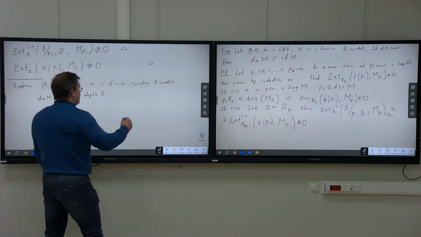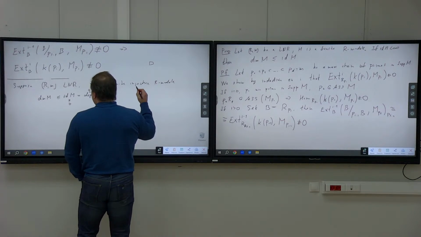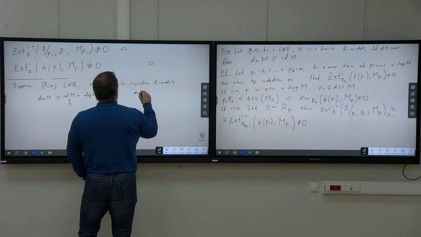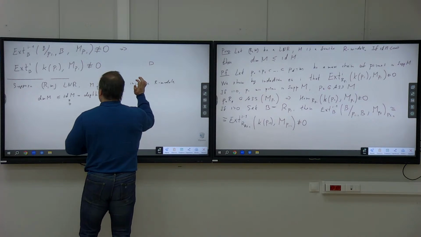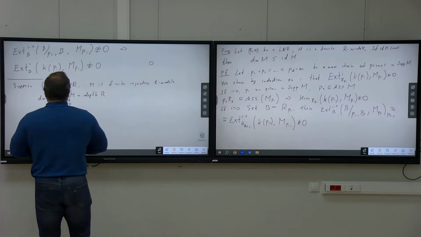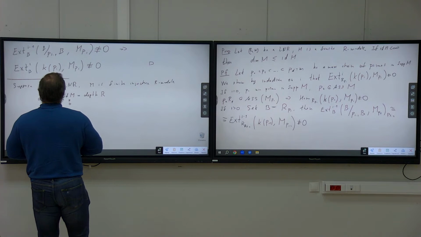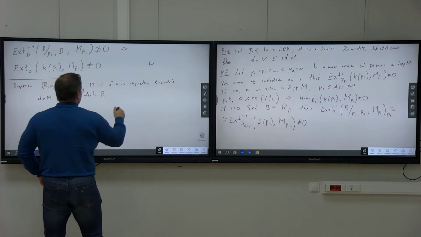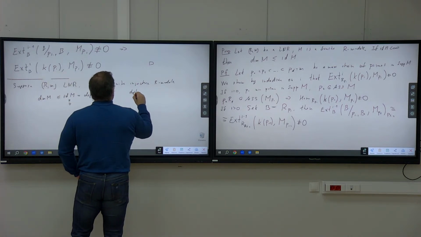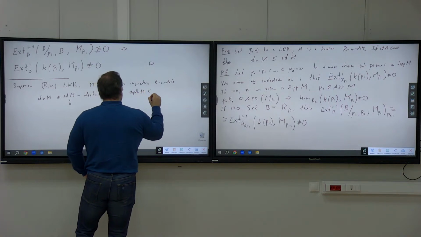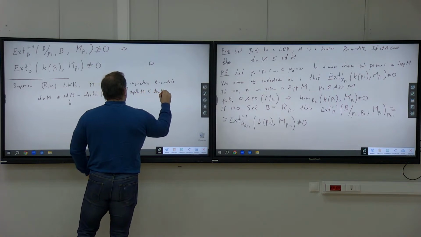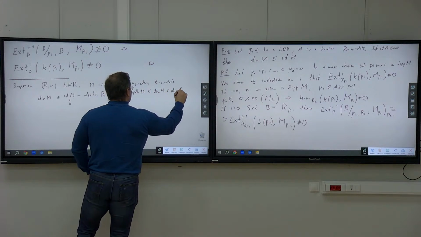Well, of course I know that I always have this, that the depth of the module is bounded by the dimension of the module, and this is bounded by the dimension of the ring.